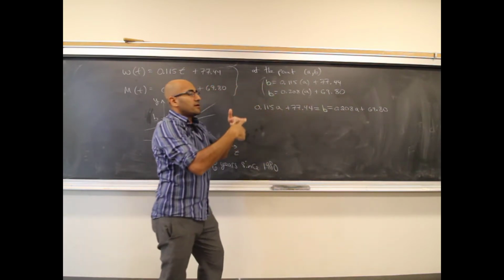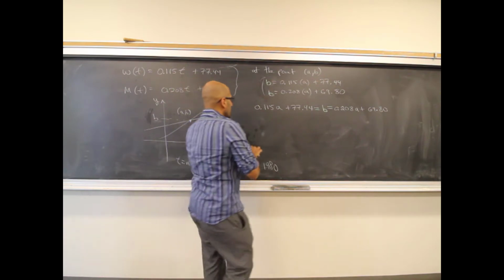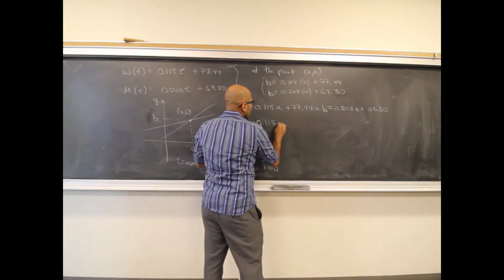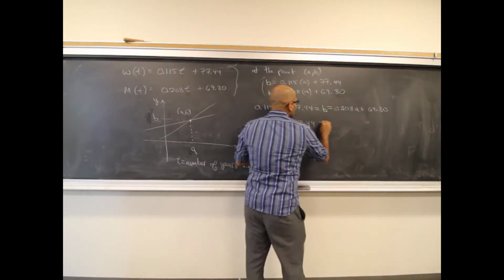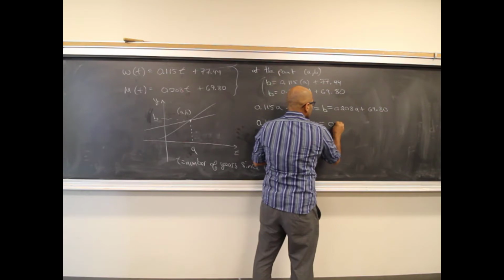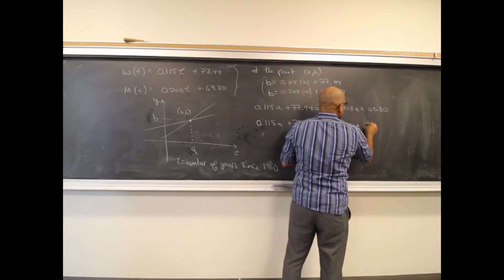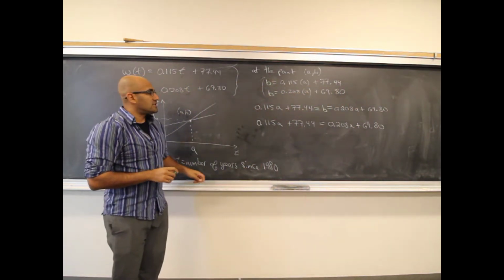They both equal B. So in fact, I just don't need that middle part anymore, right? They both equal B. So this would be 0.115A plus 77.44. They equal each other, so they equal 0.208A plus 69.80. Okay, so now we can easily solve this.